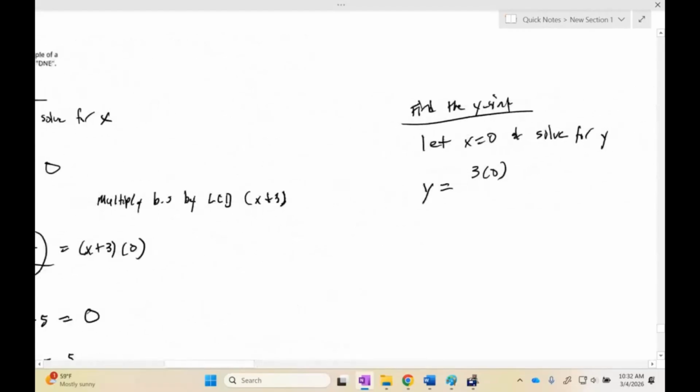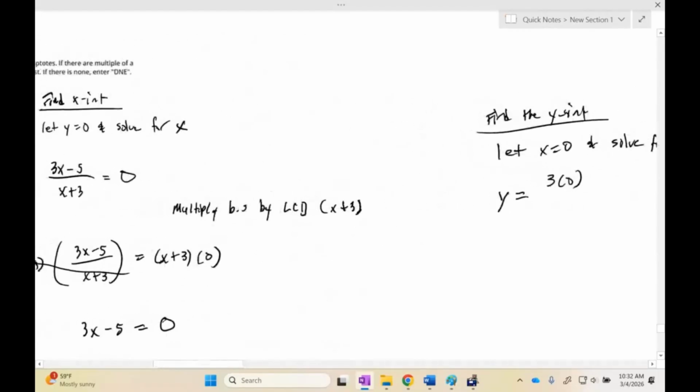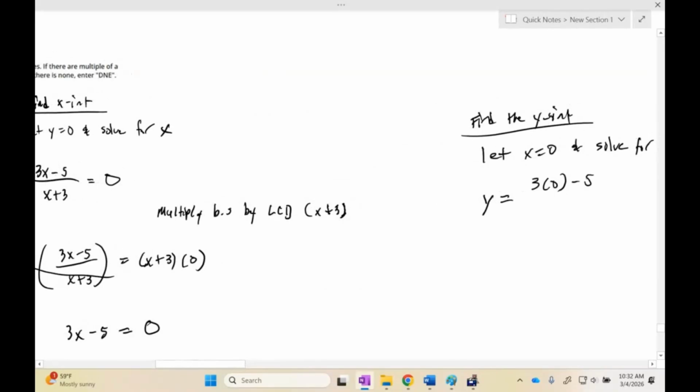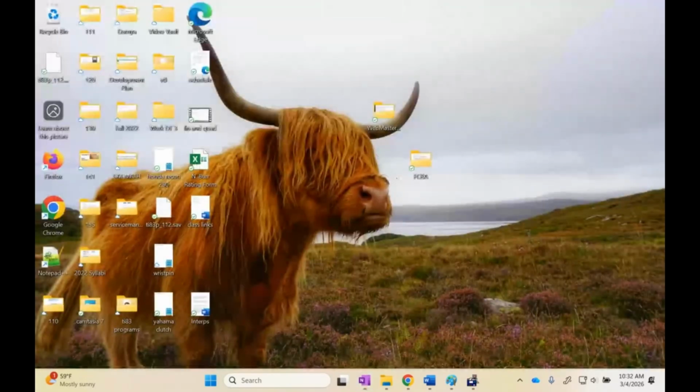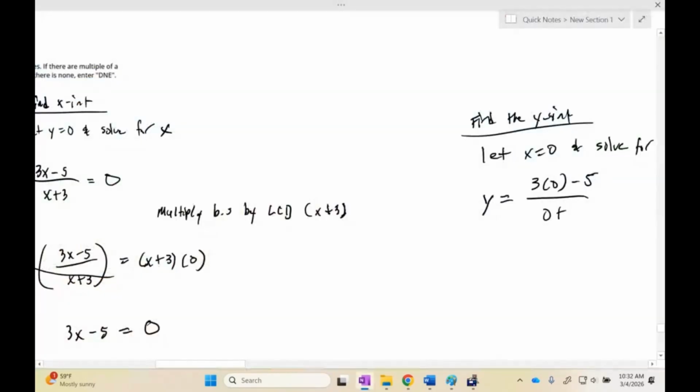I didn't work these out before class. 3 times 0, I'm just substituting x for 0, minus 5, nothing to substitute there, over 0 plus 3. So I believe I get negative 5/3, because 3 times 0 is 0, I got negative 5, and a negative divided by a positive makes that entire number negative.